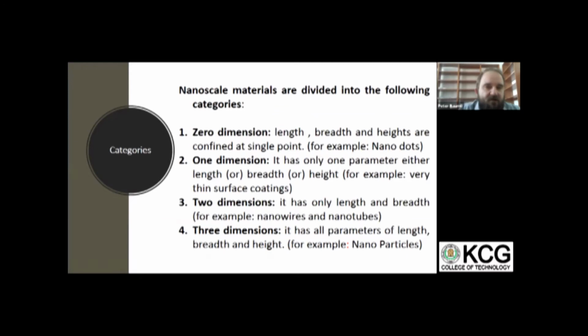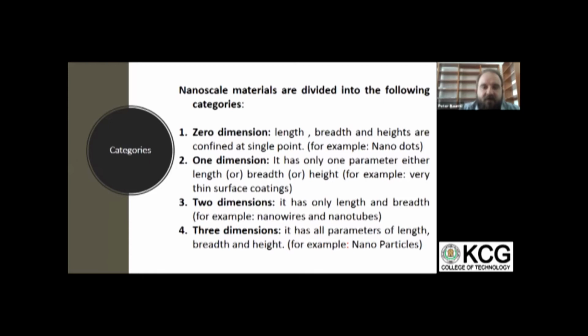Okay, so we have to categorize the nanomaterials according to their dimensions. In this case, we can collect 4 groups of these nanomaterials. If you check the literature, you can find at least 2 different ways of grouping.